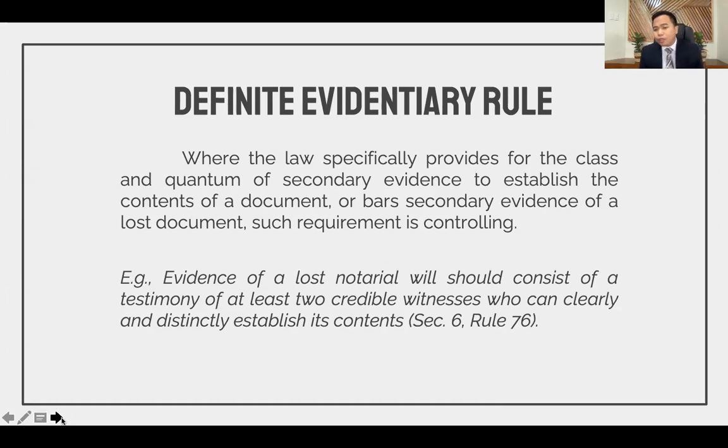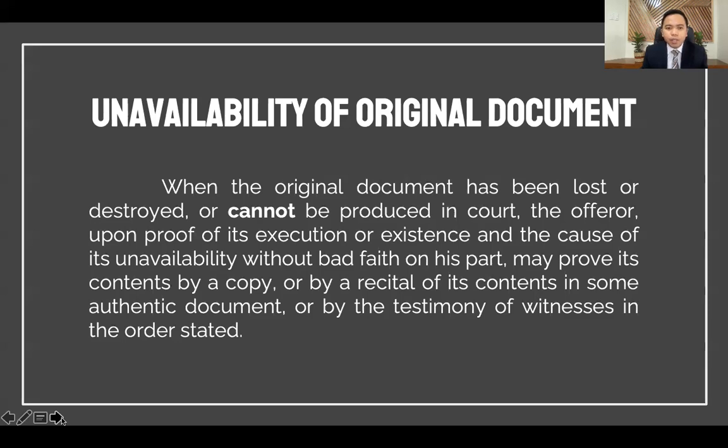So under the Rules of Court, if a notarized last will and testament is lost, then it can only be established by testimony of at least two credible witnesses. These two credible witnesses are the instrumental witnesses in the notarial will. All other witnesses are not qualified to testify as to its contents.